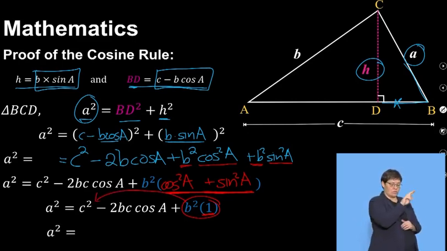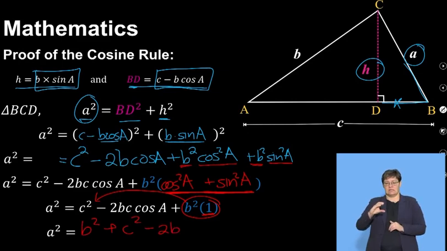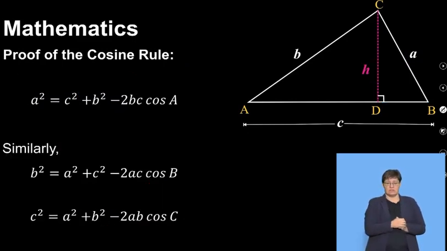And we end up with A squared is equal to B squared plus C squared minus 2BC cos of A.